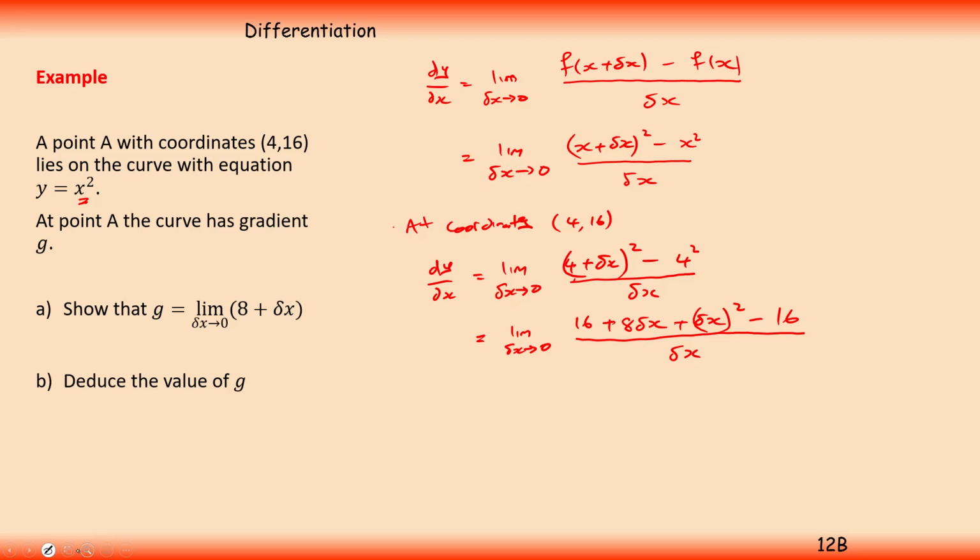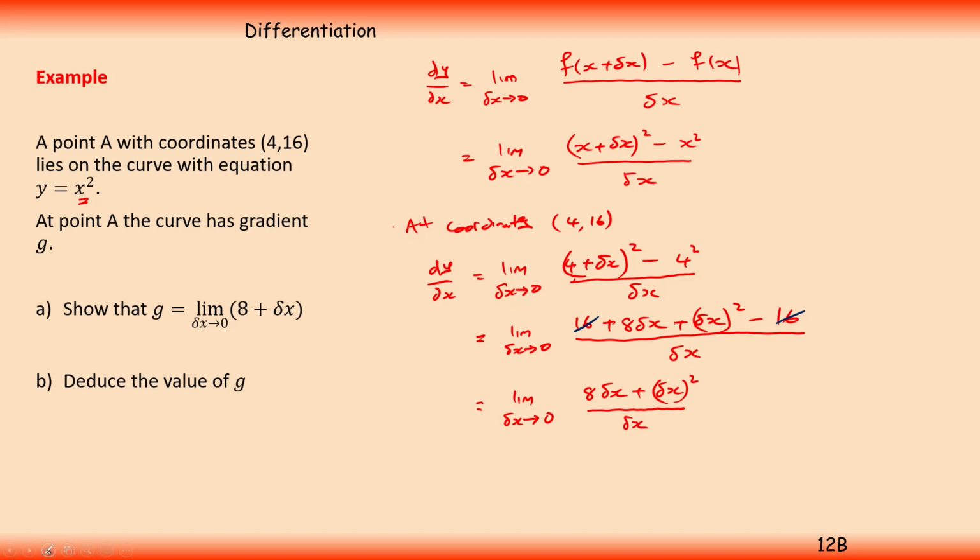The 16's cancel. 16 minus 16 is 0, so we're left with, always write the limit, delta x tends to 0 of 8 delta x plus delta x squared all divided by delta x.